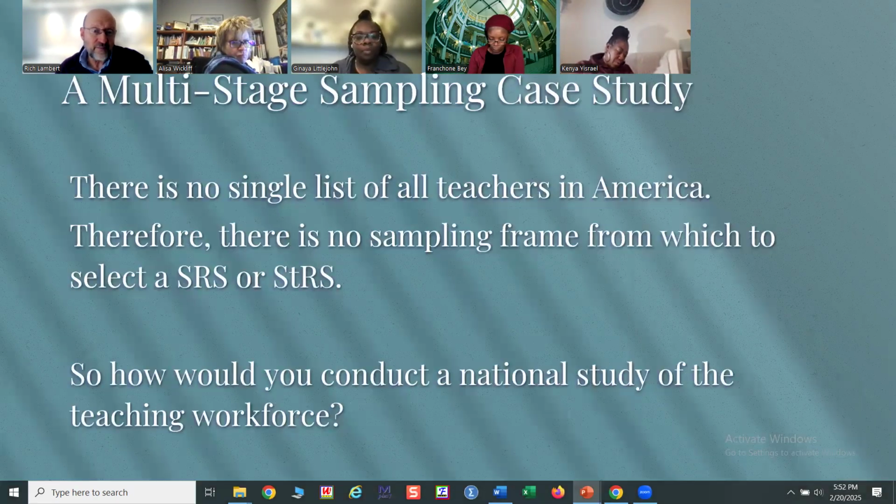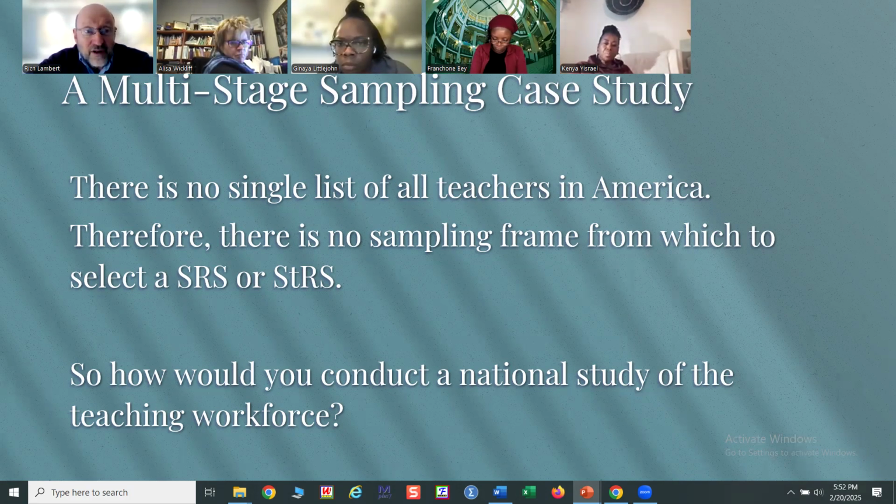Now, this might seem kind of abstract, like what is he talking about? Well, let's think about a really simple example in educational research, something I deal with in my own research. I want to get a nationally representative sample of teachers' opinions about their working conditions. That's what I do in my research. We look at questions like teacher stress, teacher coping strategies, teacher retention issues, teachers' decisions to leave the profession, these kinds of things.